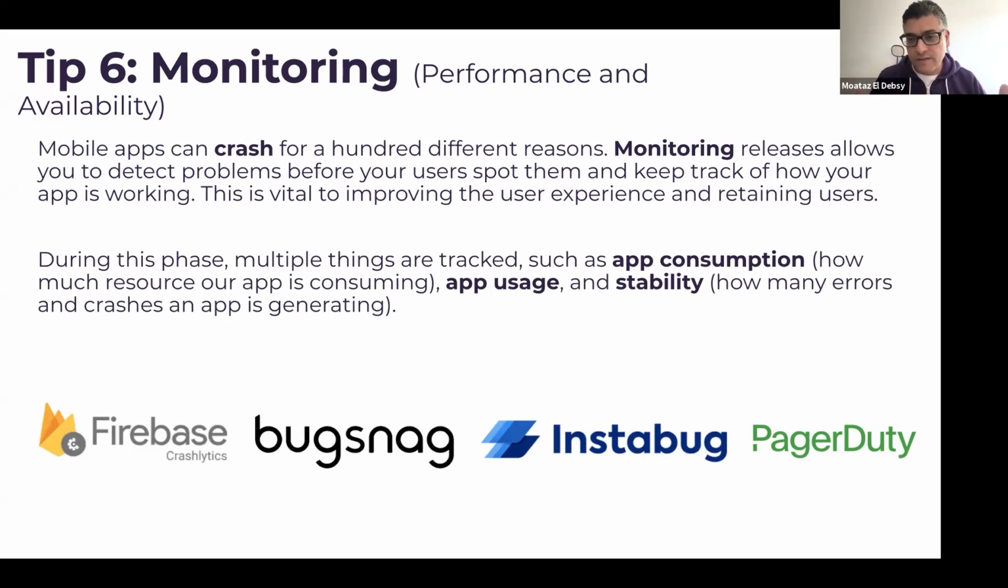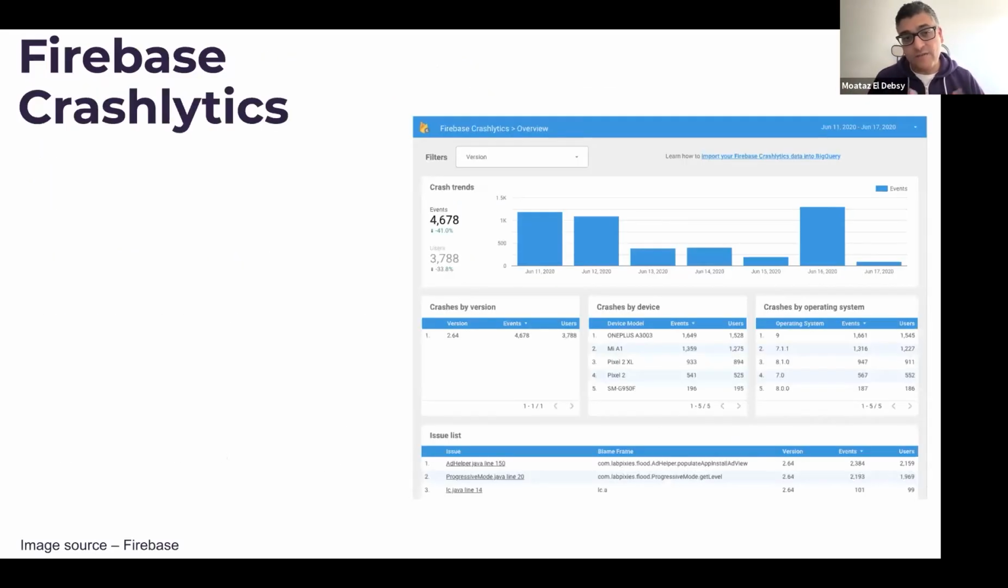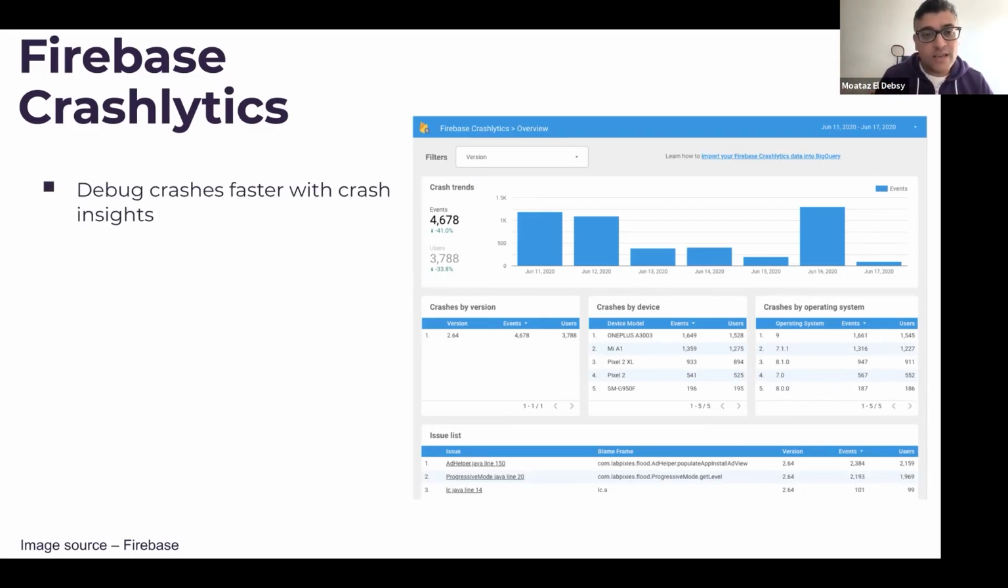You can use different tools like Firebase Crashlytics. For example, here you can have a dashboard for the users and the devices as well. These crashes are ordered by devices, by operating system, and by the different versions of the Android OS. So Firebase, for example, helps you debug crashes faster with crash insights.